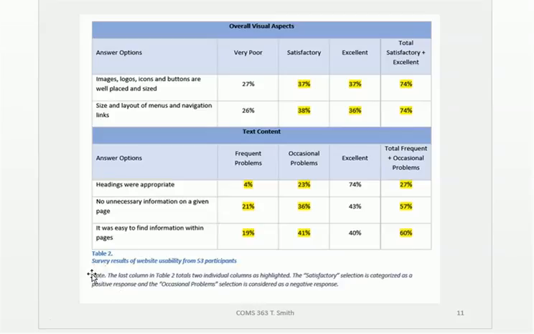It does helpfully explain in this note, however, how a rating scale of 5 numbers could actually be categorized. Let's see here. The last column in table 2 totals 2 individual columns as highlighted.